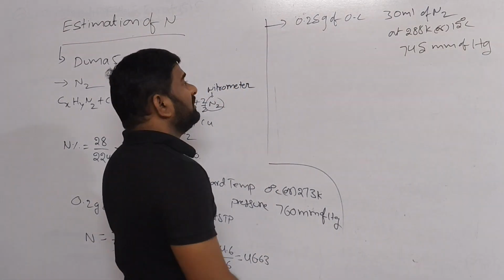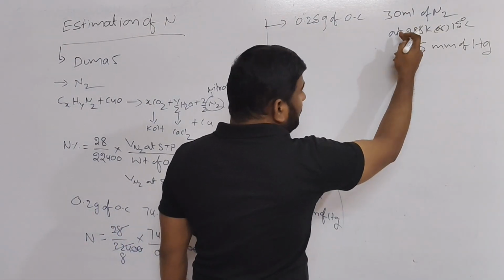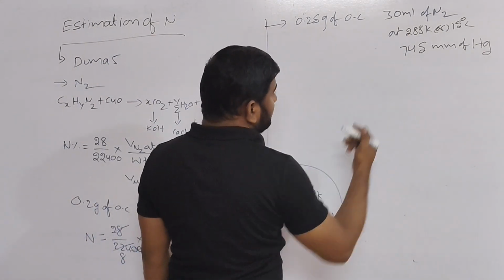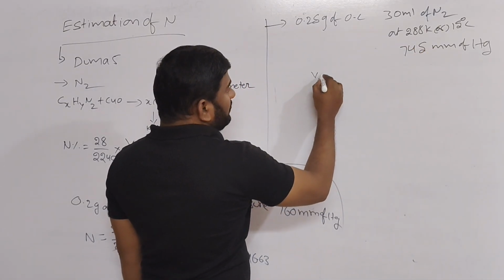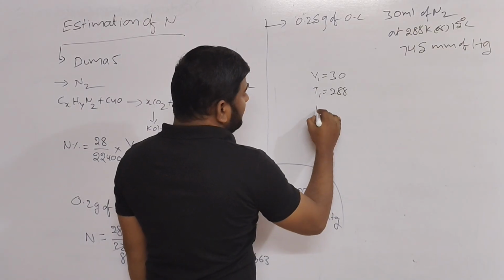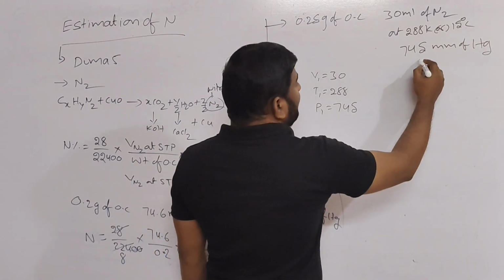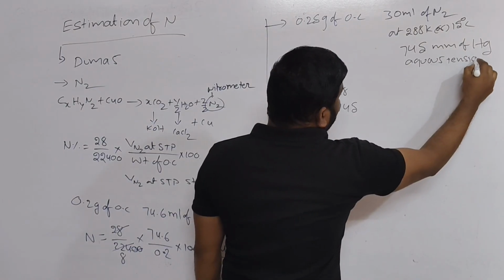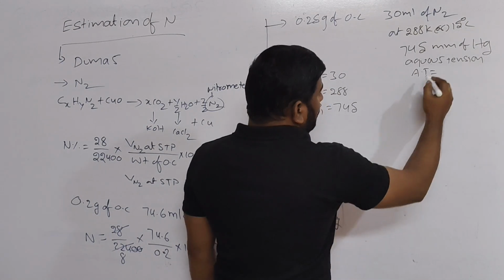At these conditions, if the volume of N2 is given, how can we calculate? Here the volume of N2 is not at STP. If it is given at a different temperature, you have to take these as initial values: V1 is 30 ml, T1 is 288, and P1 is 745. Next, they gave the aqueous tension, which means the pressure due to moisture, equal to 12.7.